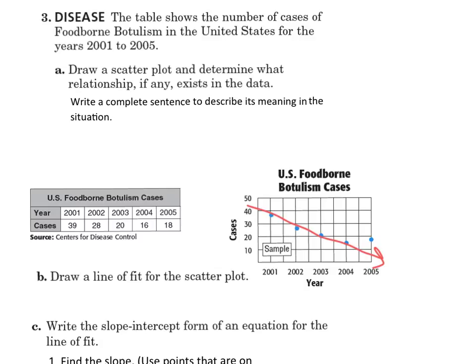We know it's a negative correlation, so when we want to write a complete sentence, let's make sure we incorporate something like that. So I'm going to write, as the years go by, the number of U.S. foodborne botulism cases decreases.